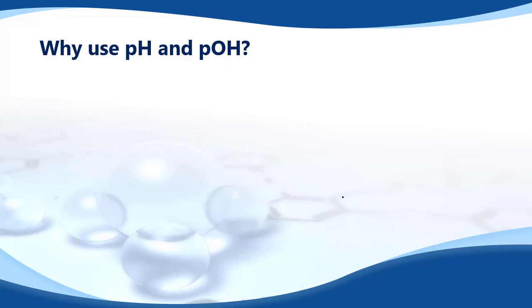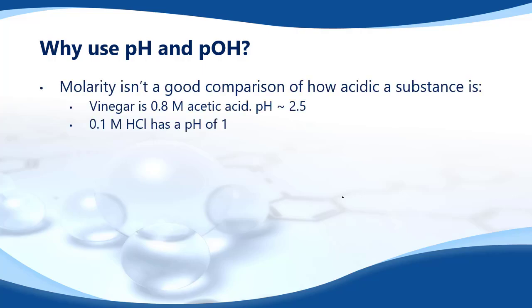So a question that pops up might be, why do we use pH and pOH to begin with? Right, so let's take a look at 2 different acid solutions. Molarity, concentration, doesn't do a good job of telling you how acidic or basic something is. Vinegar's concentration is 8 times more concentrated than hydrochloric acid is.